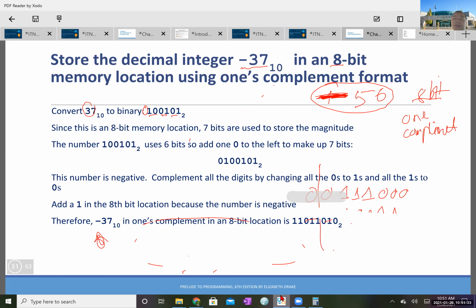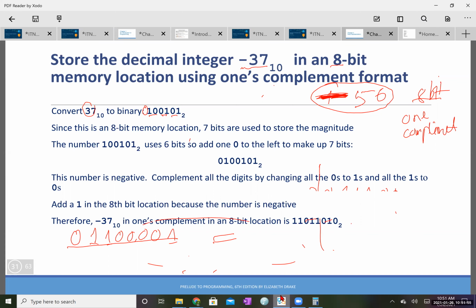Okay, so now I have the number here: 0, 1, 1, 0, 0, 0, 0, 1. If I have this number in the one's complement here, what do you think is the decimal of that? 64 plus 32 plus 1.